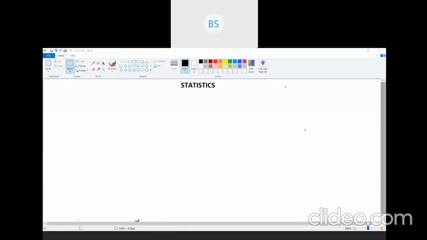For example, if I say 0 to 10, the class interval is between 0 and 10, where 0 is called the lower limit and 10 is called the upper limit.